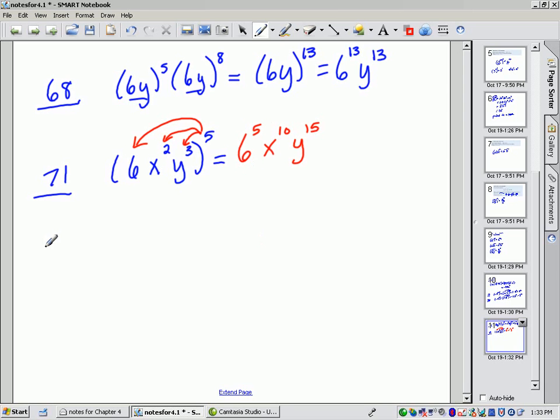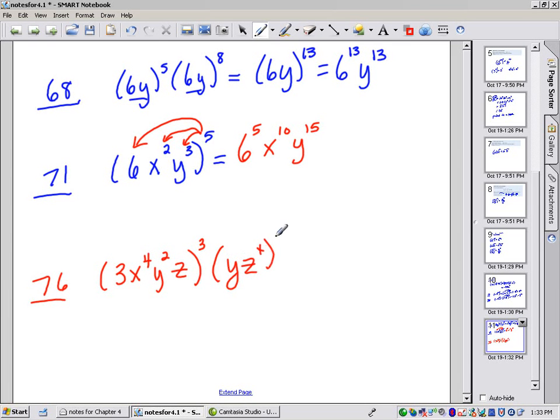Let me do one more of these. Number 76 is 3x to the 4th y squared times z all to the 3rd times y z to the 4th raised to the 5th. So if you remember order of operations, we need to apply our exponents first, working in the parentheses.